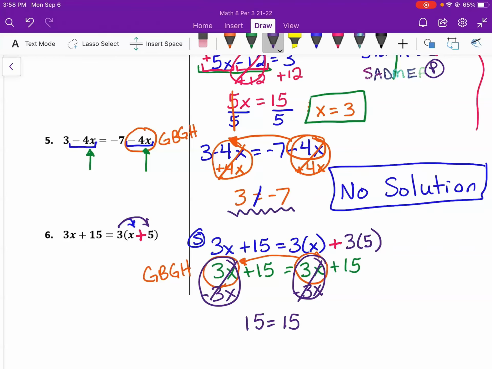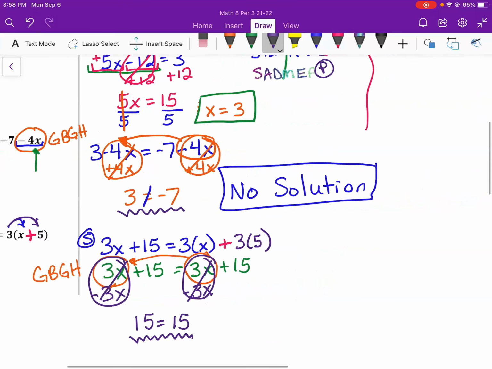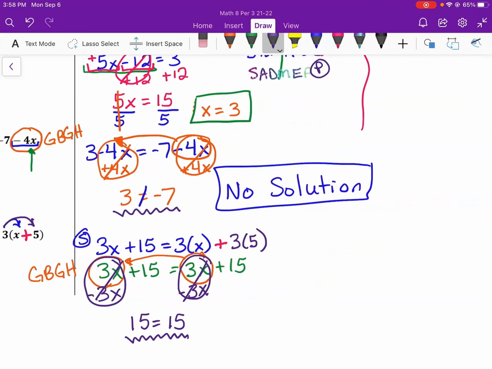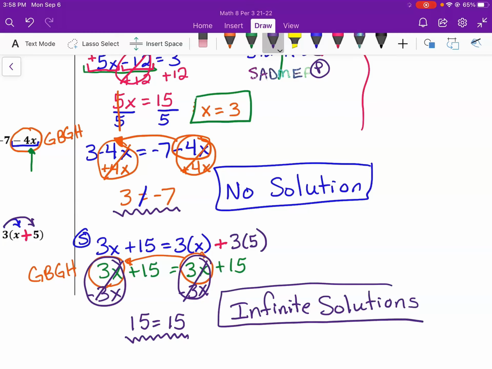Now, this one up here on number 5, 3 was never going to equal negative 7. However, 15 always equals 15. So this one means you can plug in any number you want, and you will always have an equation that's true.